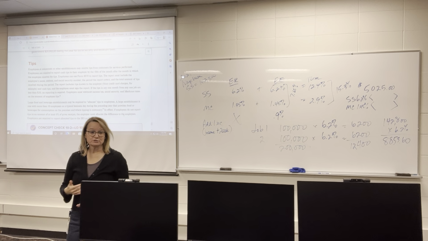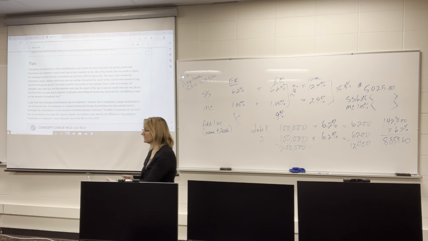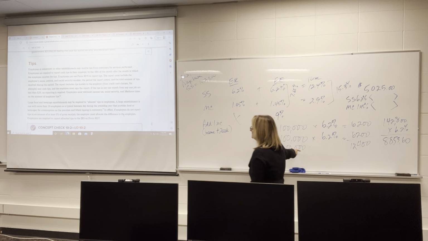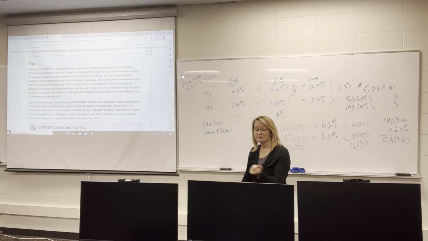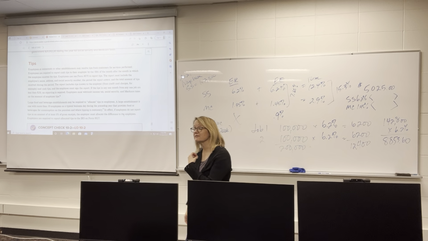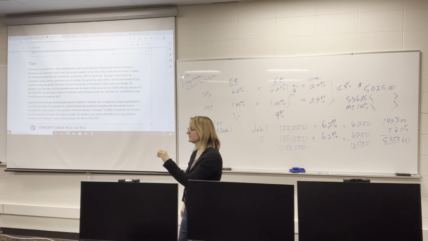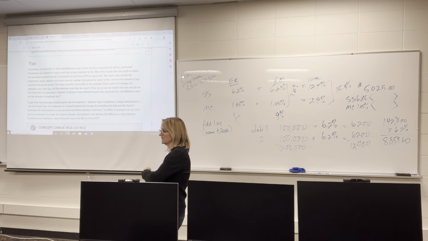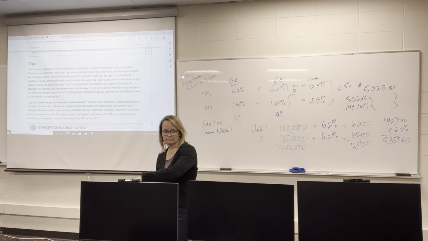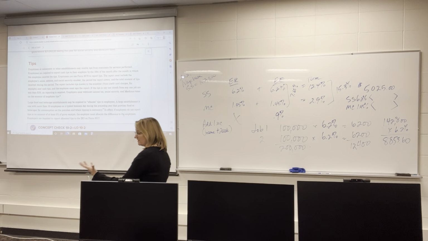What the employer is going to do then is use that in the calculation of how much Social Security and Medicare tax to withhold, how much federal income tax to withhold from the amount that they owe you. So you're having withholding on those tips. It's just that it's happening in arrears, right? And you've already received the $500.